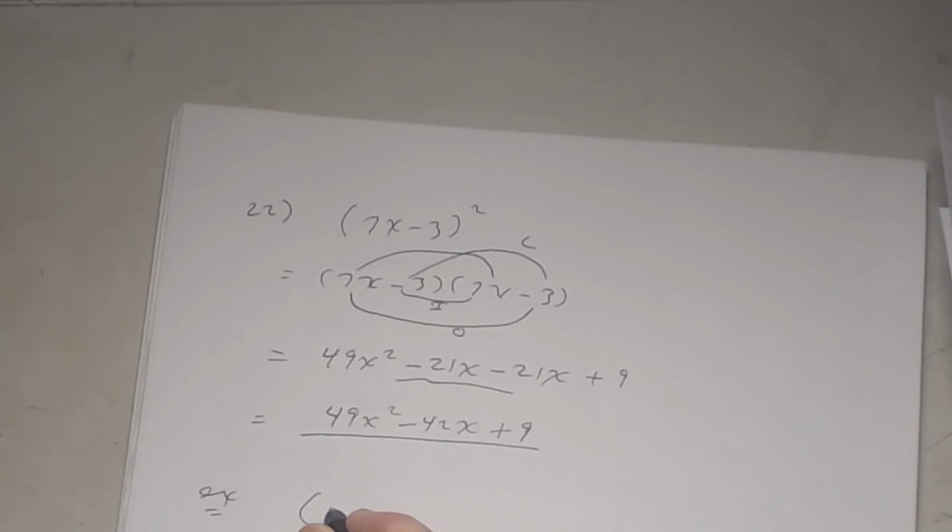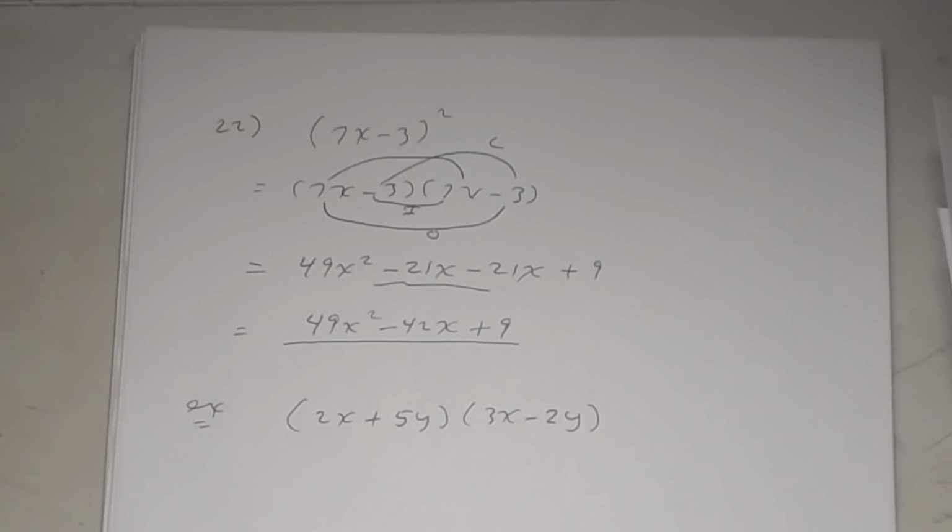Let's suppose I had 2x plus 5y times 3x minus 2y. So 2x plus 5y times 3x minus 2y.